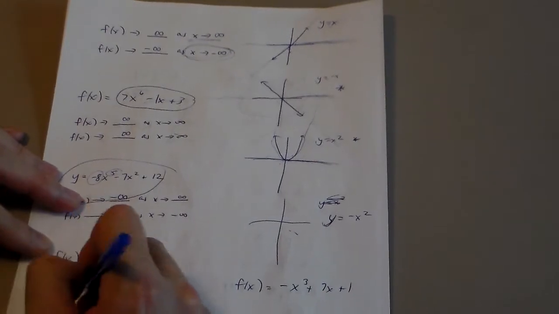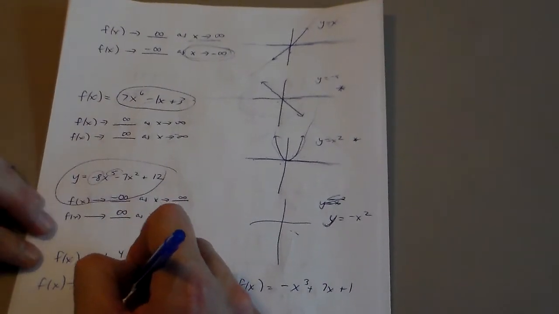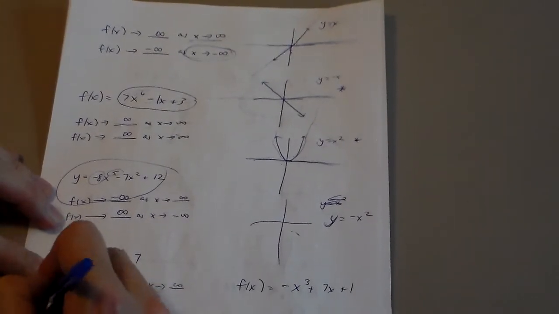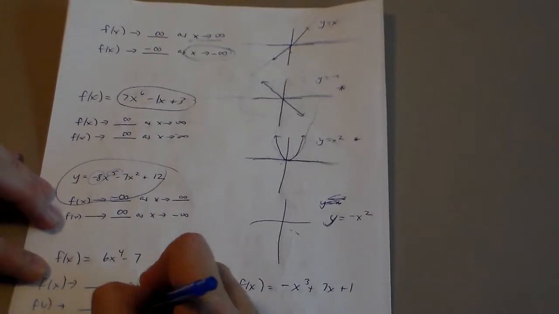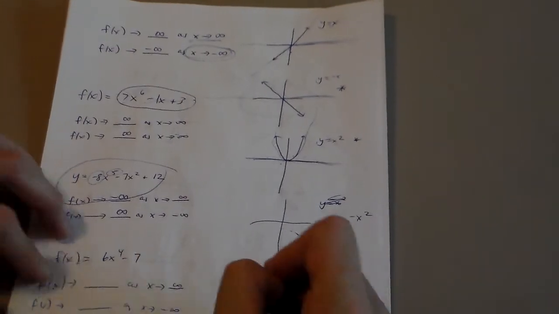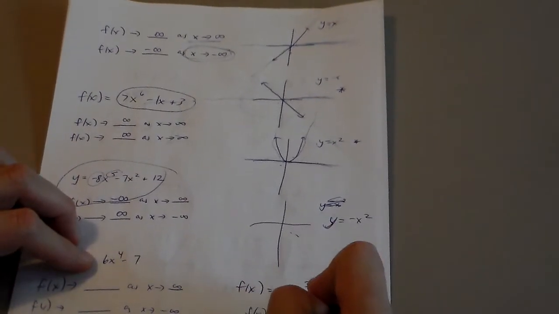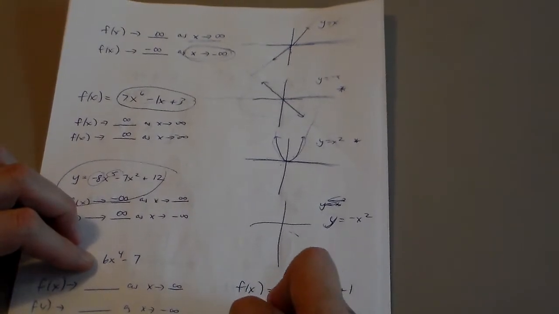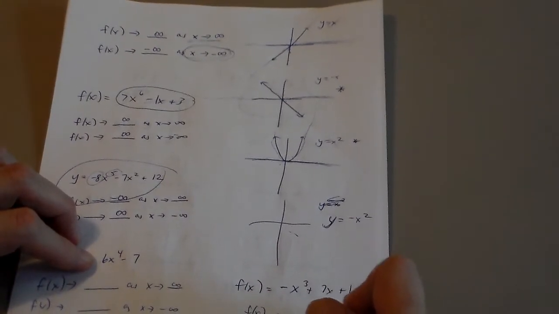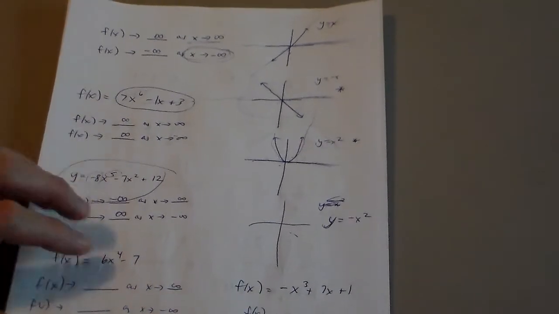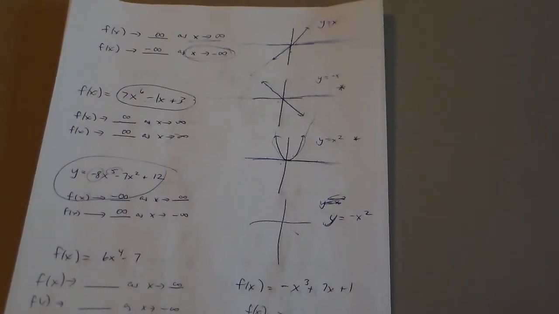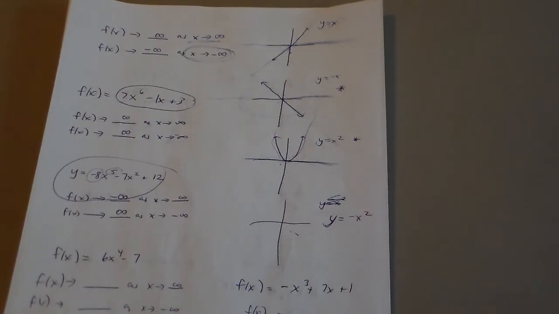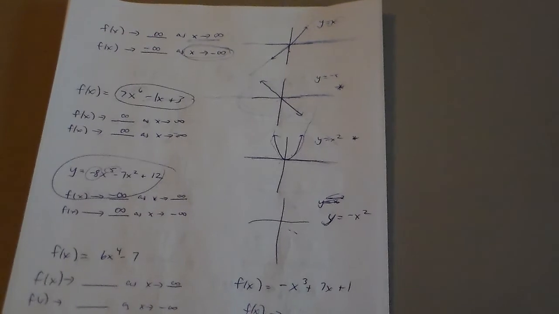And I want you guys to fill in the end behavior: f of x goes to blank as x gets big, f of x goes to blank as x gets small. So please pause the video and give it a shot, and then we'll come back and look at the answers. And that'll be it for 6-2.